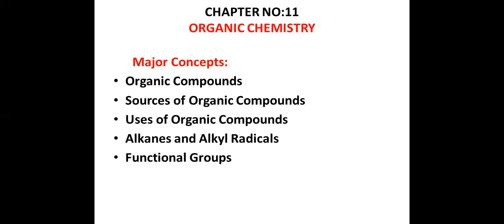The major concepts of this chapter are: we will study organic compounds, the sources of organic compounds, the uses of organic compounds, alkanes and alkyl radicals, and functional groups. All these topics we will study in chapter number 11, organic chemistry. Let us start the chapter.